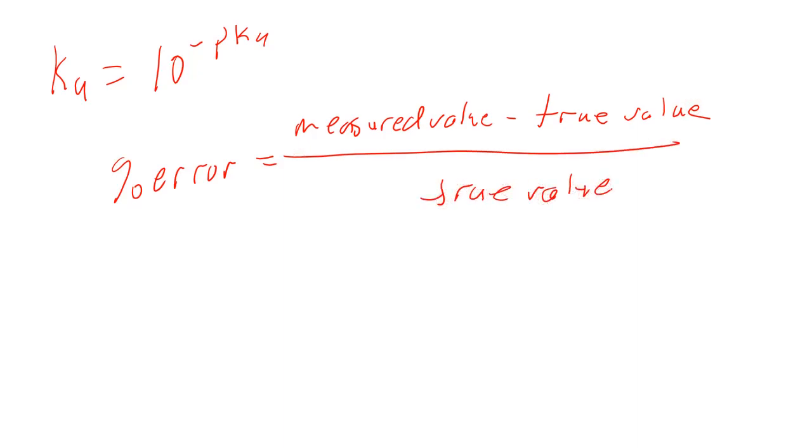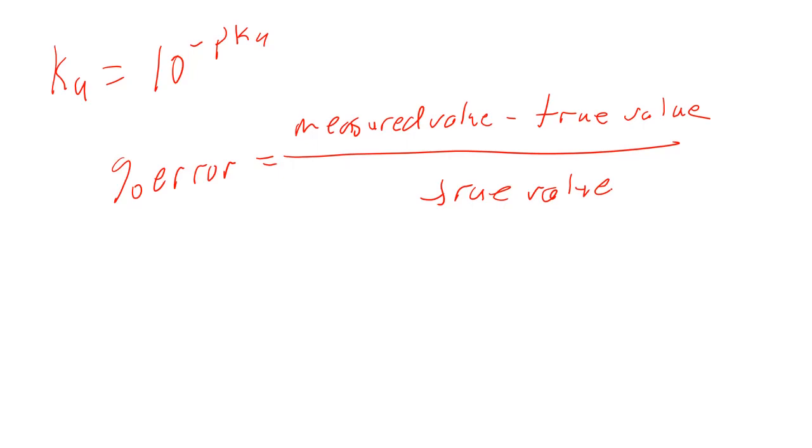So you're going to take what you measured minus, and it tells you in your lab handout, the literature value or true value for the Ka for acetic acid is 1.8 times 10 to the negative fifth. So you're going to take your value minus 1.8 times 10 to the negative fifth, divided by 1.8 times 10 to the negative fifth.